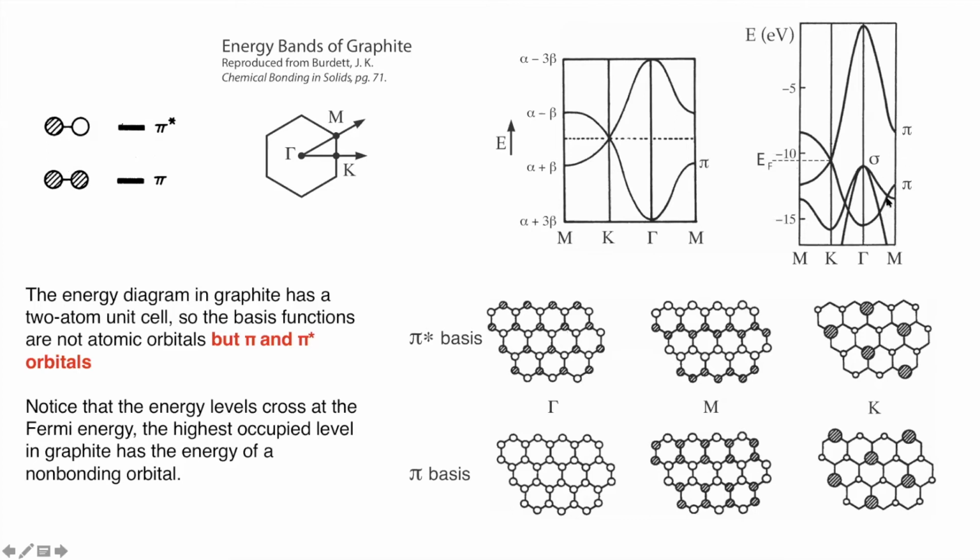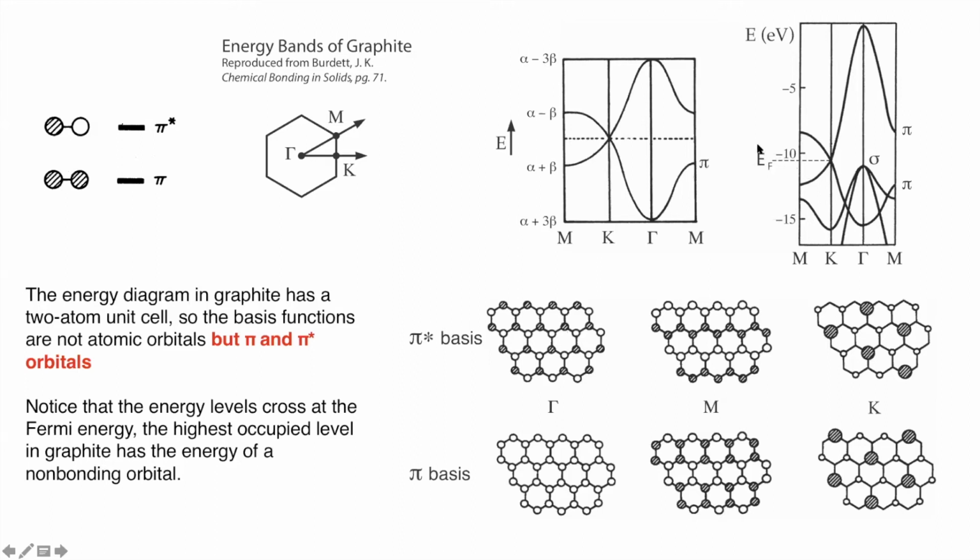So we have the pi and the pi star orbital basis, and we've also thrown in the sigma framework here. Carbon-carbon sigma bonding is also part of the same diagram, and it comes way up here.